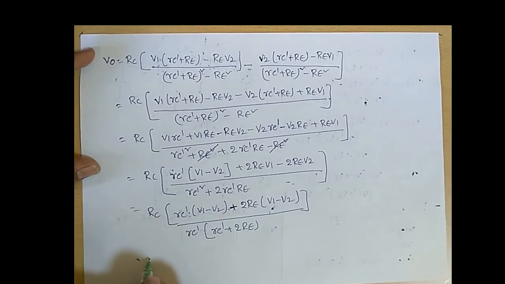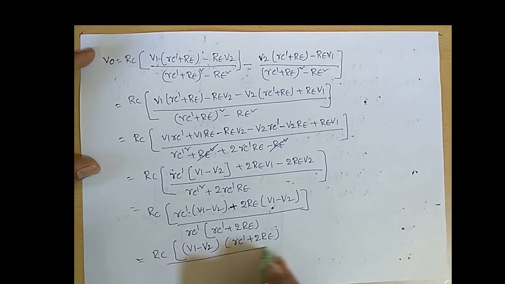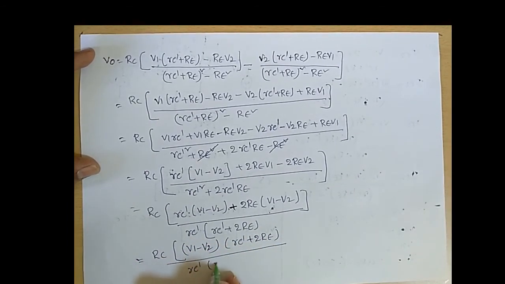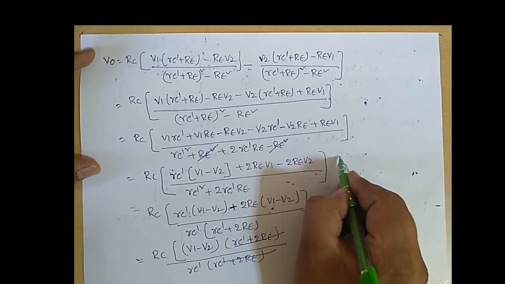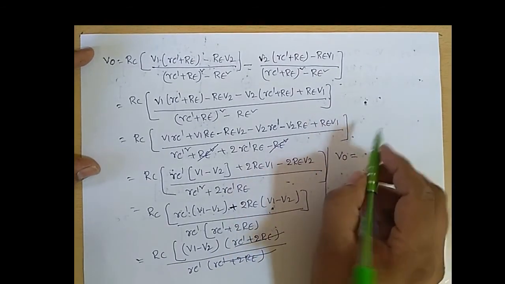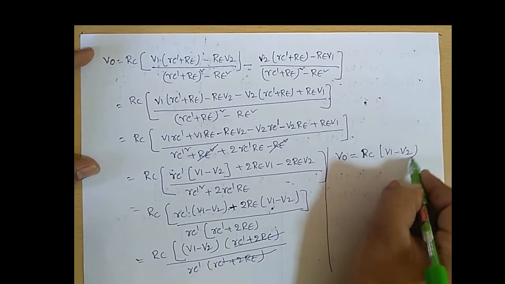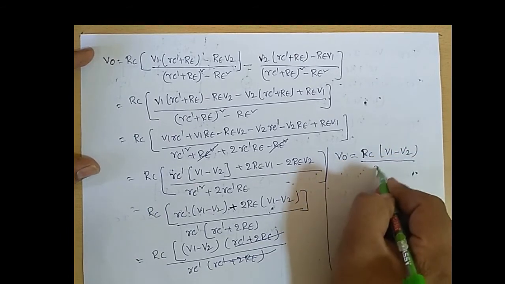In this numerator RC of (V1 minus V2) is common, that is (V1 minus V2) of (RE dash plus 2 into RE) whole by RE dash of (RE dash plus 2 into RE). This term cancels. Therefore we will get the output voltage VO equal to RC into (V1 minus V2) whole by RE dash.